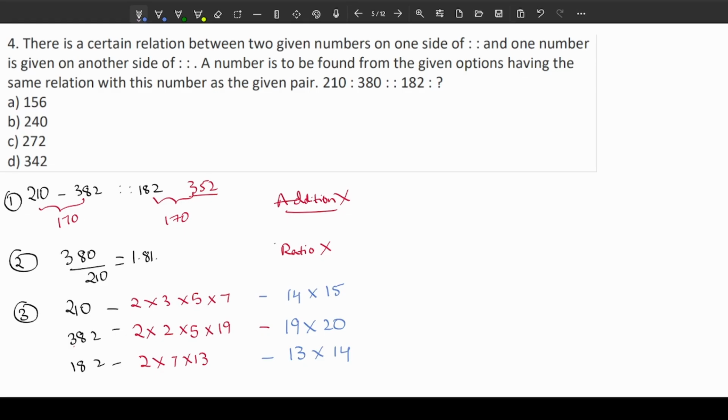Now I got my pattern. 14 plus 5 is 19. Again it's 19 into 20. So 182 is 13 into 14. So let's do plus 5 here as well. This is 18 into 19. Let's see if 18 into 19 is one of the options. This is nothing but 342. This is in the options, hence D is the answer.